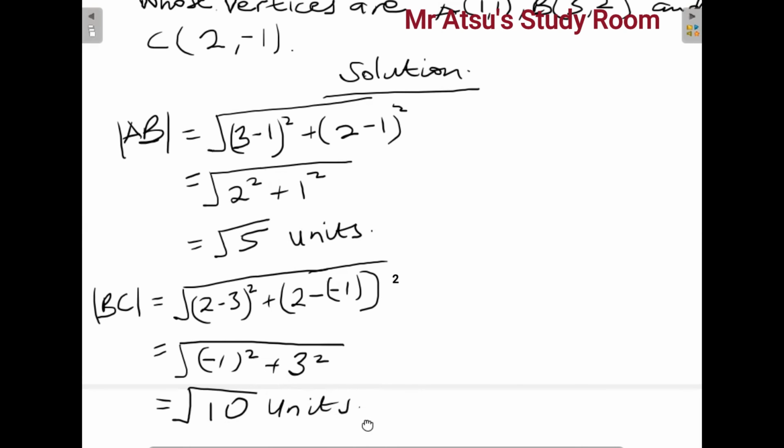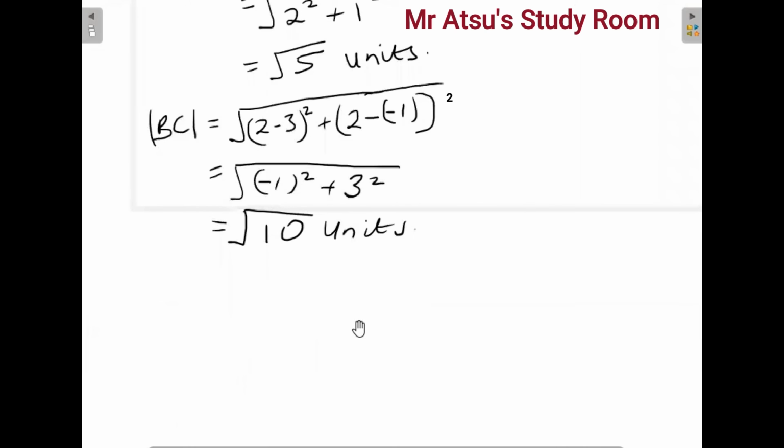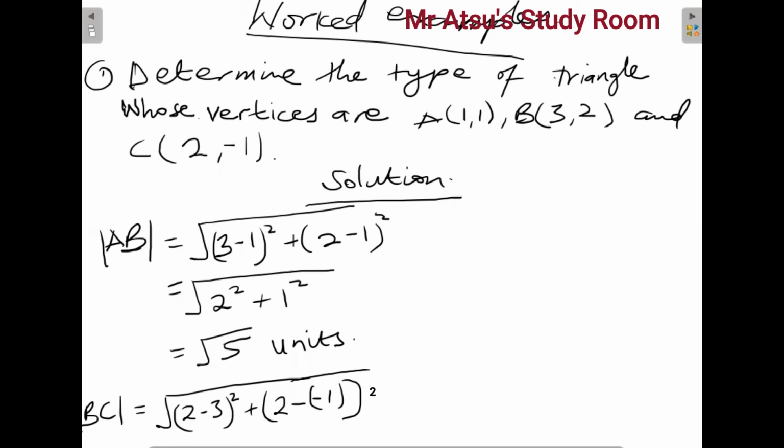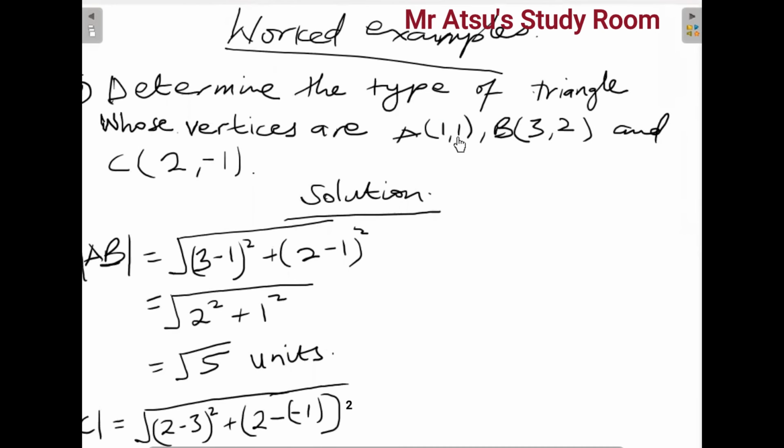Now we go to the length AC. Again, our x1, y1, and x2, y2 will change because our first point is now A and our second point is C. So going back to the points, you see that now our x1 is 1, our y1 is 1, our x2 is 2, and our y2 is -1.